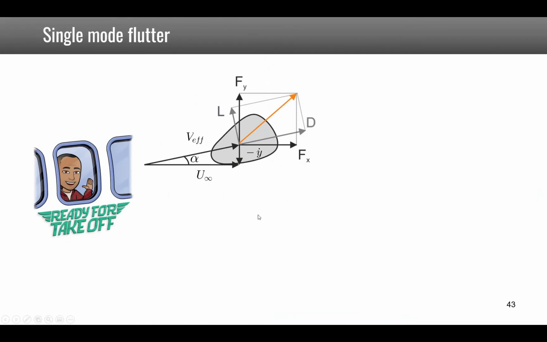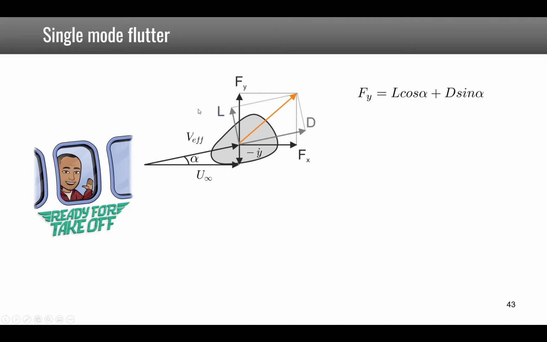To understand single mode flutter, we look at this profile, which is subjected to a lateral wind in this direction. Now, if the body starts to oscillate or move in the y direction, the effective velocity that it will see is given by this vector, which means that the drag will be in this direction and the lift in this one, so they make an angle with x and y.